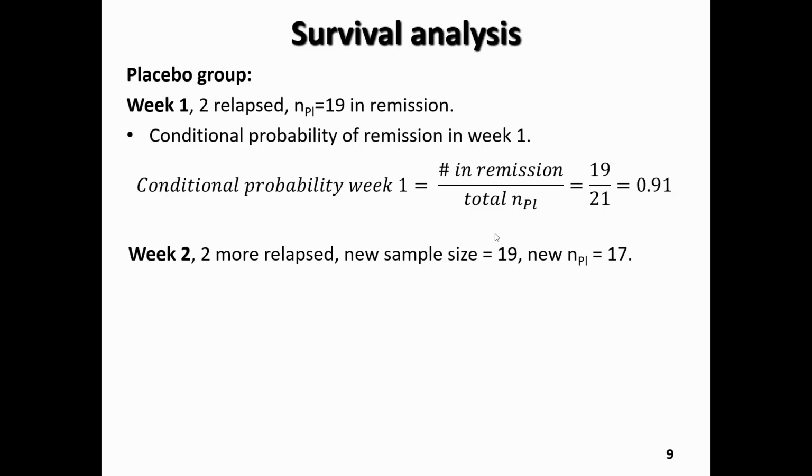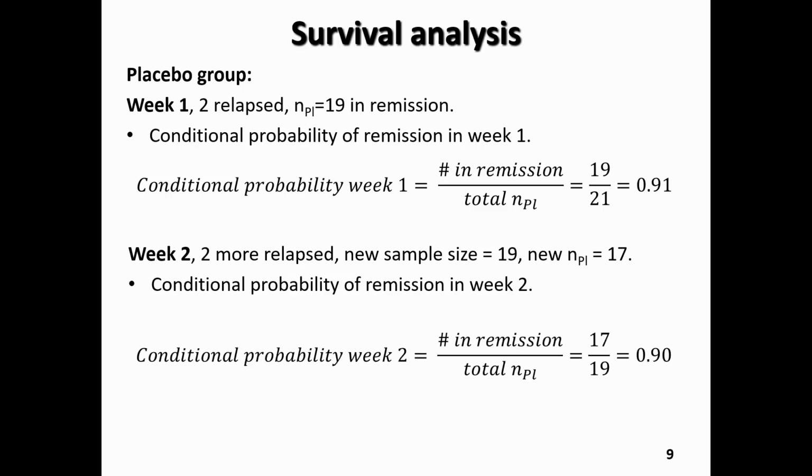The total sample size after week 1 was 19, but during week 2, 2 more had relapsed. So our new sample for those that remain in remission is 17. To calculate the conditional probability of remission in week 2, we follow the same formula. It's just that the numbers change.